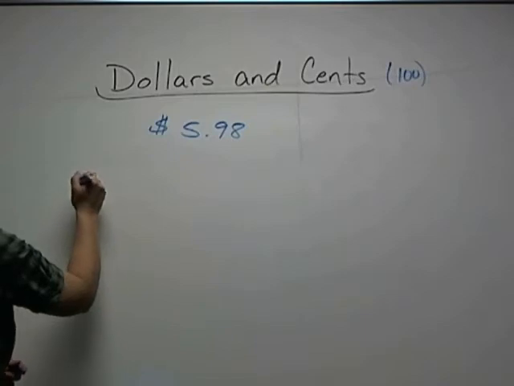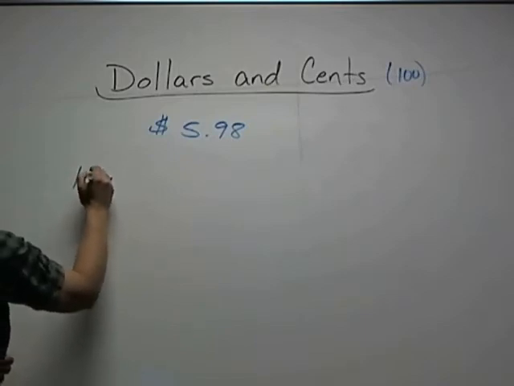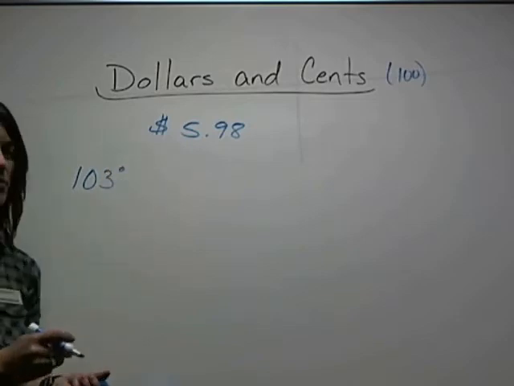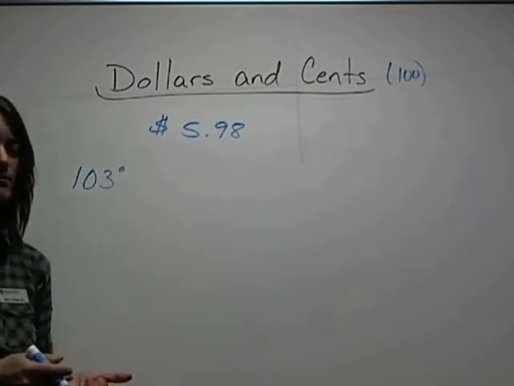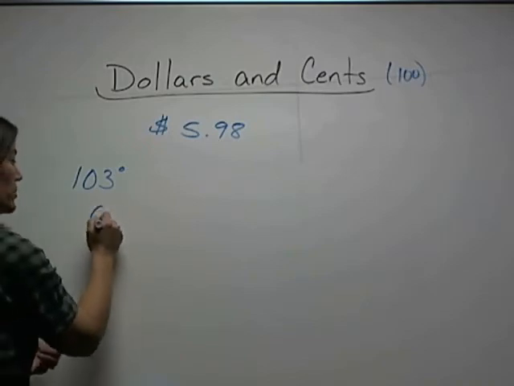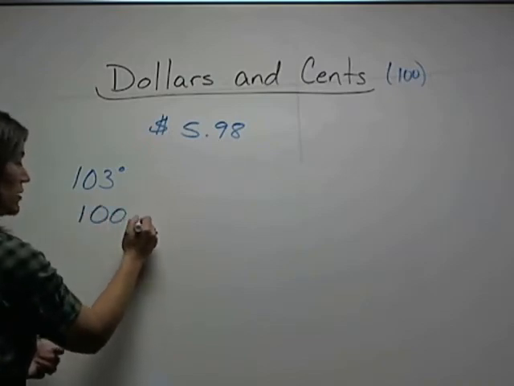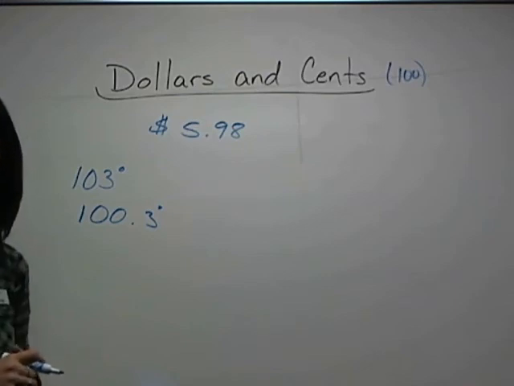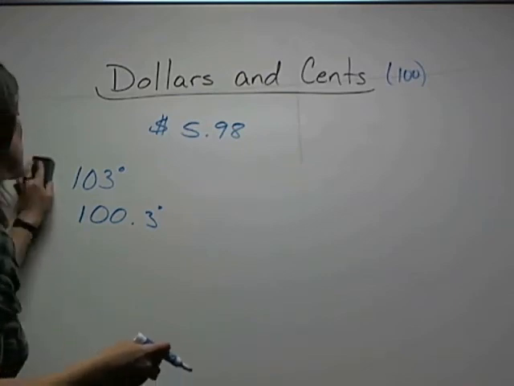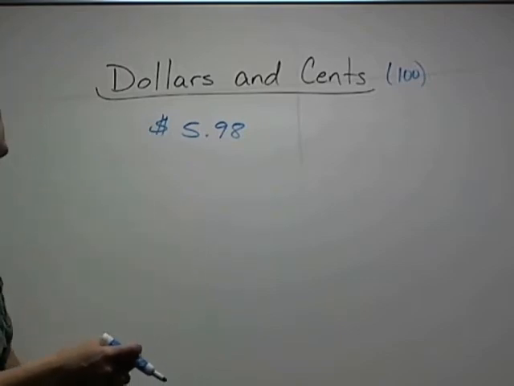We do not say, oh, it was 103 degrees in the shade yesterday. That's incorrect. Saying 103 degrees would be saying 103/10 degrees. So we have to be very careful with our wording on things and how we talk about it.